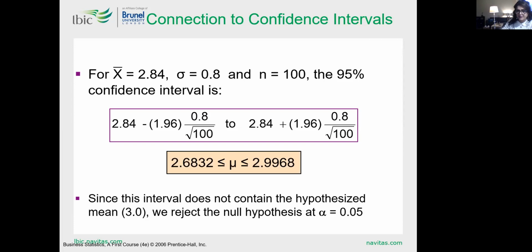It is somewhere after this upper bound. So then we're going to reject the null hypothesis. So in a confidence interval, if you're looking at the sample mean, you need to find the actual population mean within this interval. Otherwise, you're going to reject the null hypothesis.